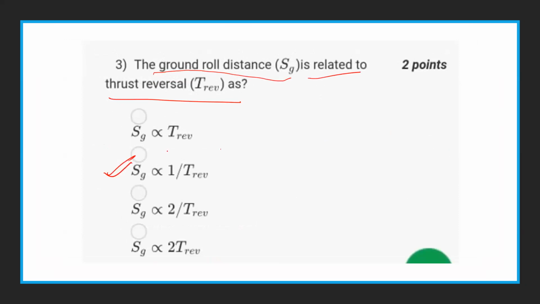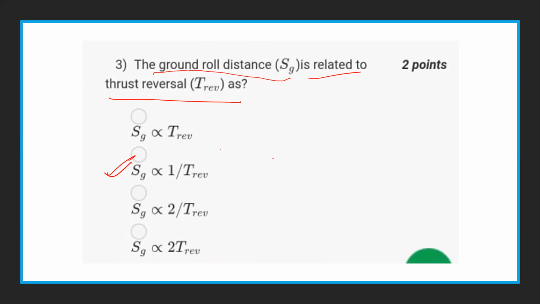Yeah, you're right. Reena, did you understand what he said? No, sir. Can you speak again, Om? As thrust reversal increases, the opposing force on the aircraft will increase, and thus it will have to cover less distance to stop. Did you get it now? Yes, sir.